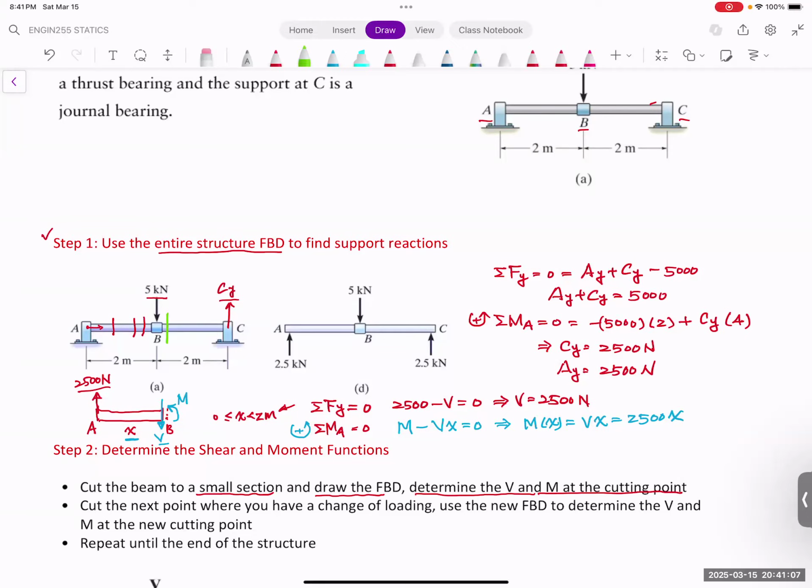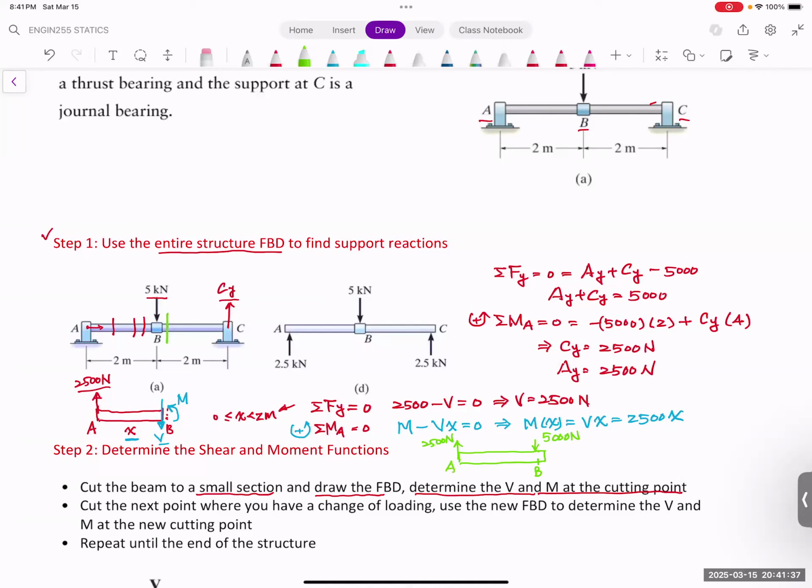Let me draw it here. So if we just go over to the B, where this is the B, and here we have a force which is 5,000 Newton. And we still have the A with 2,500 Newton. And that is the loading that you have.